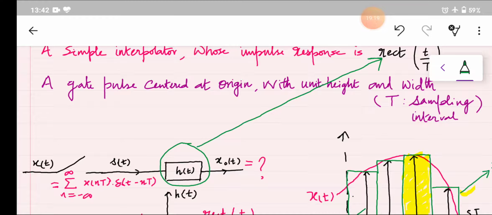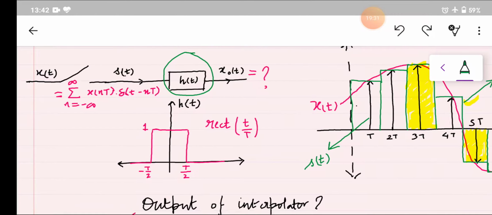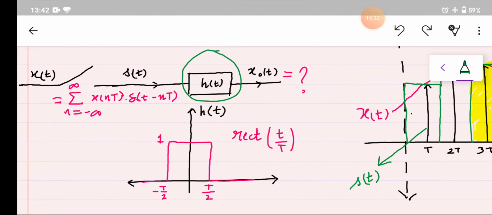Okay, so this is a gate pulse centered at origin with unit height and width equal to capital T. So you can see in the diagram which looks like this.